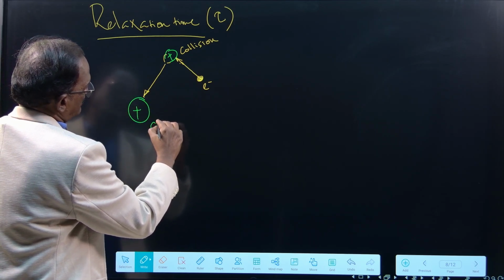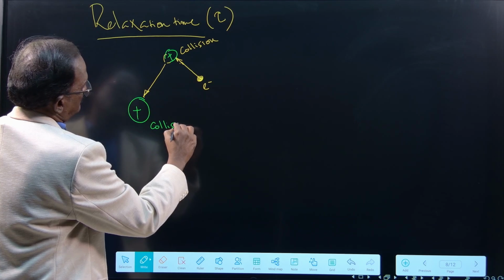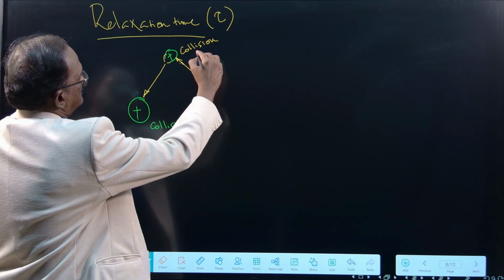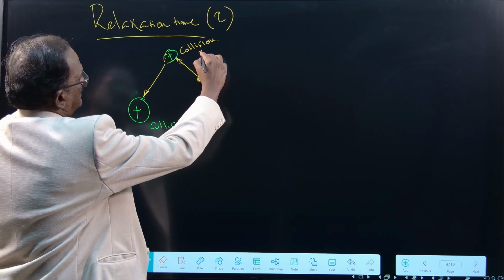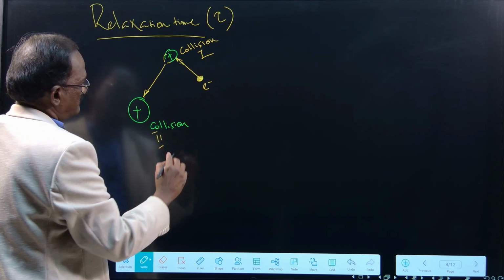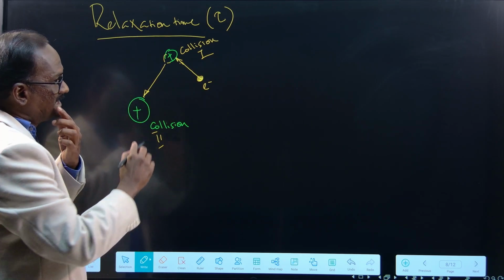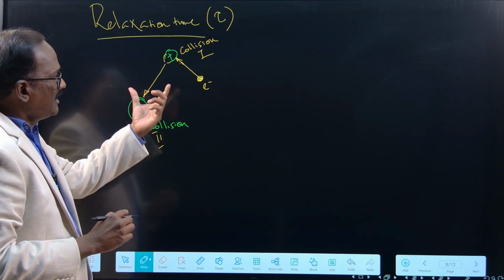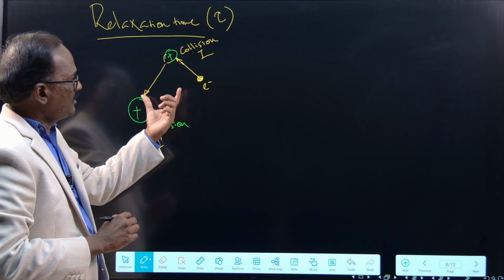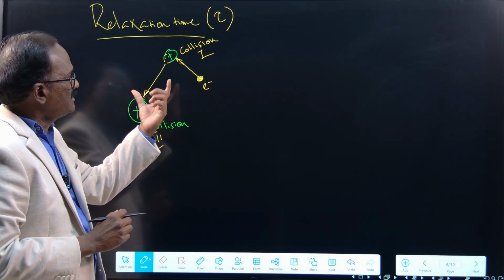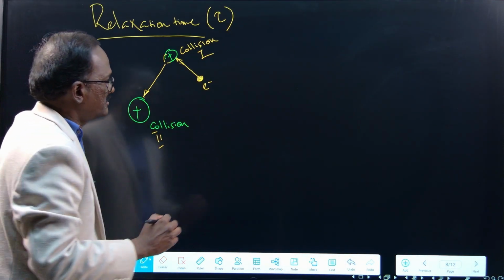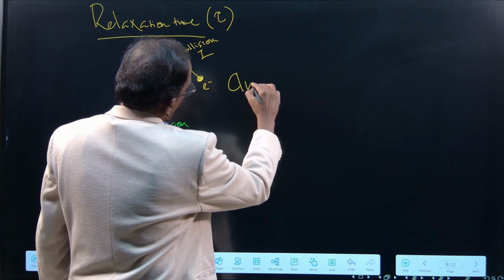This is another collision. This is the first collision and this is the second collision. So relaxation time is nothing but the average value of the time interval between two successive collisions.